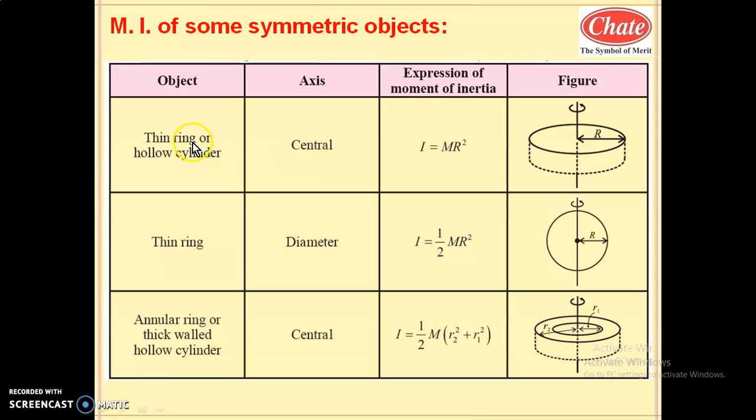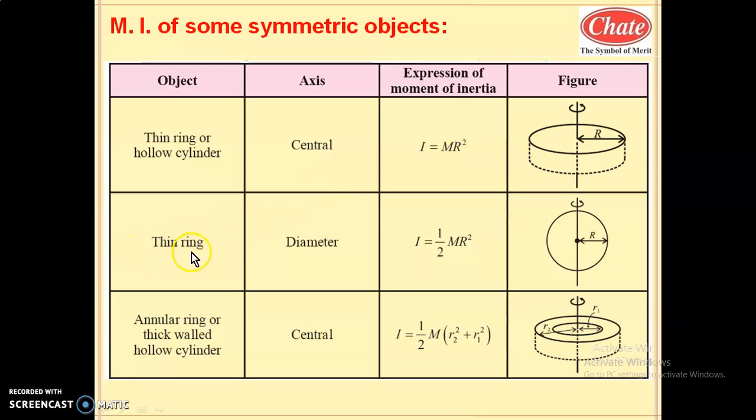So the axis is central. So what is the formula for the moment of inertia of a ring or hollow cylinder about the central axis? I equal to mr square. So the case may be like this. It may be a ring or it may have some long thickness, that is a cylinder, hollow cylinder. So the moment of inertia about the central axis is mr square. This we have studied, you must remember.